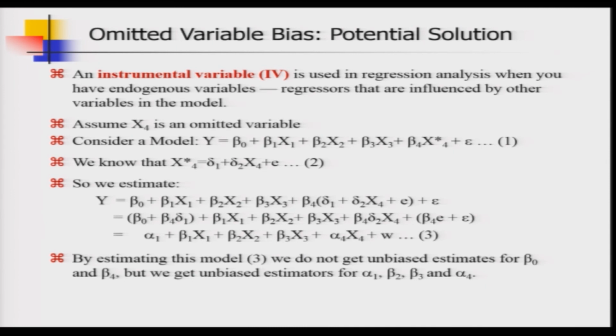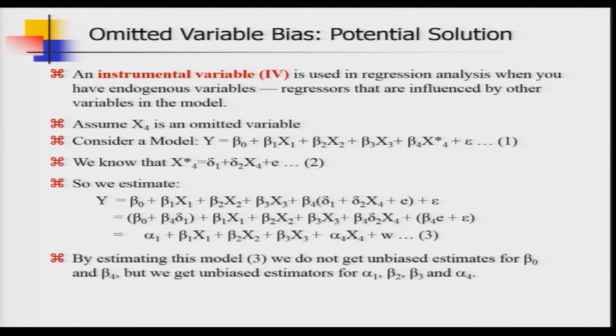So that product is also being denoted by a new symbol alpha 4. So by estimating this model equation number 3, we do not get the unbiased estimates for beta naught and beta 4, but we get unbiased estimators for alpha 1, beta 2, beta 3 and alpha 4.